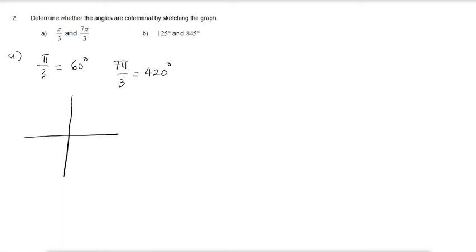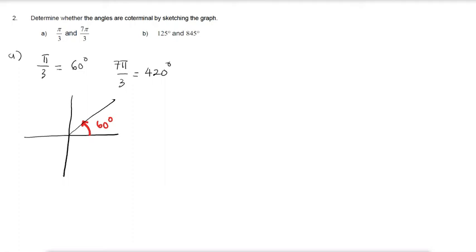As we sketch the graph for 60 degree, going from initial to terminal side, we get 60 degree here. So we have the initial side and terminal side at this line.